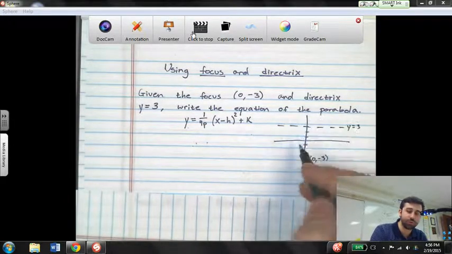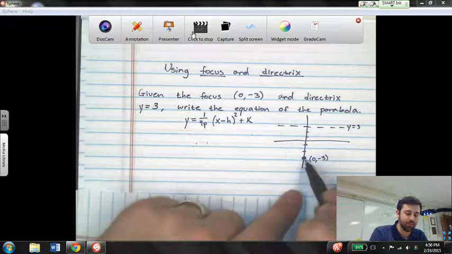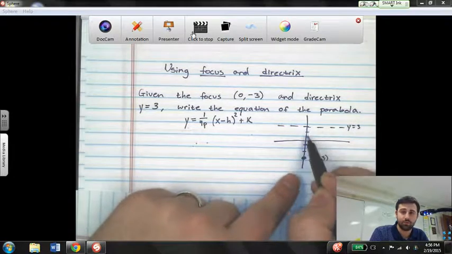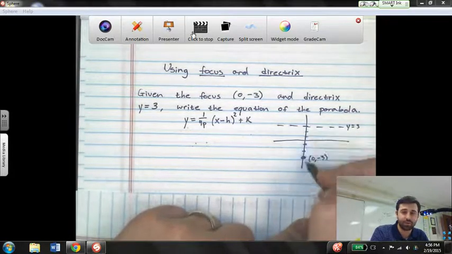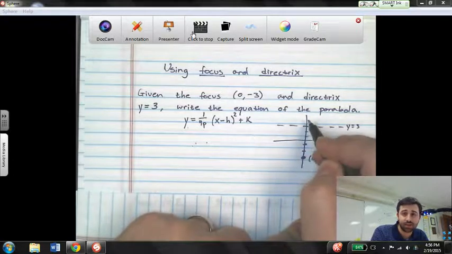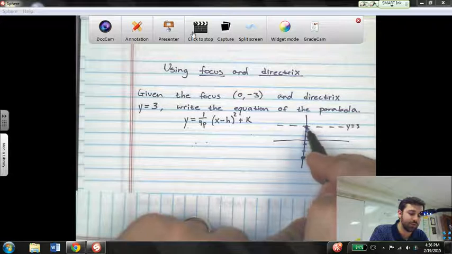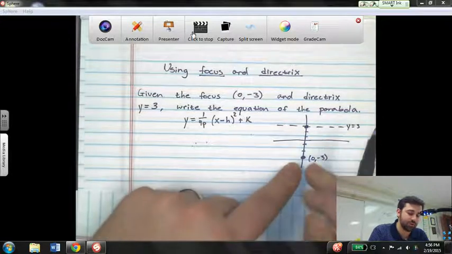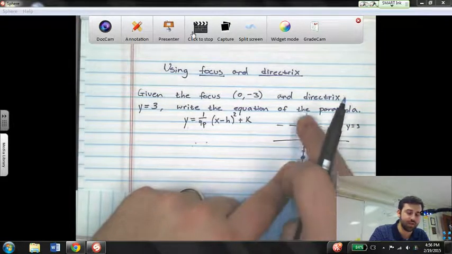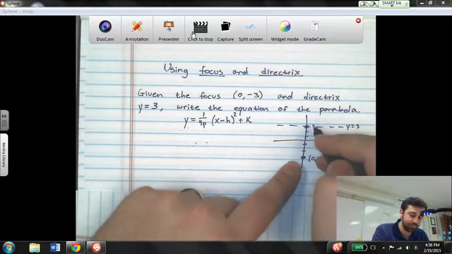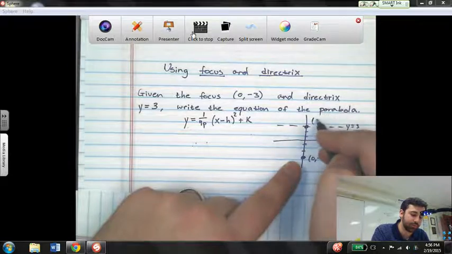If you find a perpendicular line, we know that this is the axis of symmetry of our parabola. We can find a point on the same line as the focus, and this point here would be 0, 3.